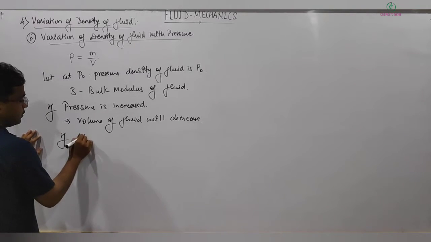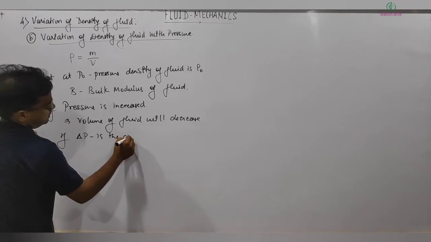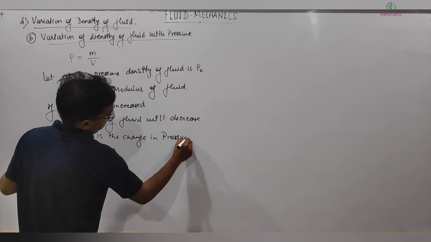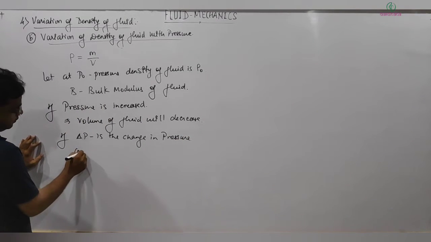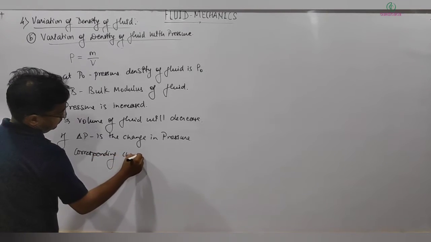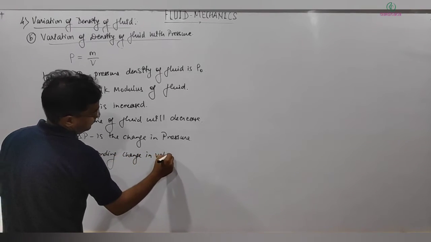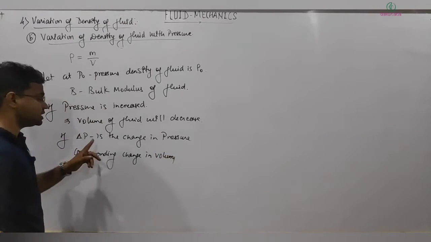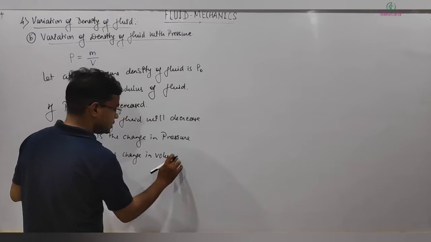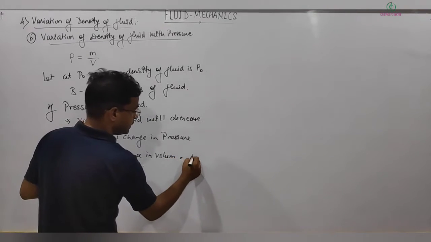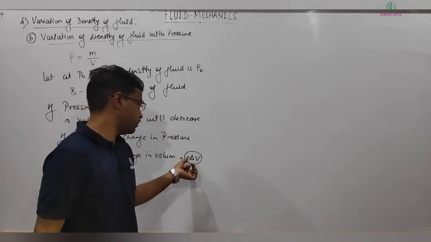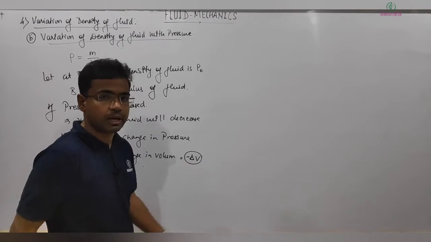And the relation between these two: if delta P is the change in pressure, and corresponding change in volume. If delta P is positive, more pressure is applied, so the change in volume delta V will be a negative quantity. That's why I have placed one more negative sign, so that this quantity becomes positive.